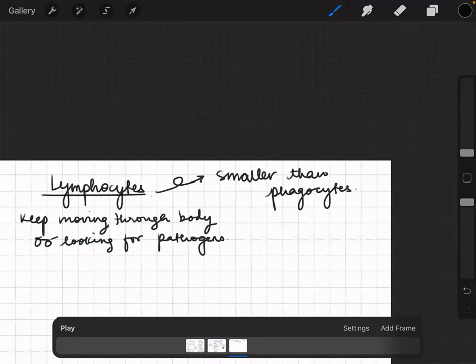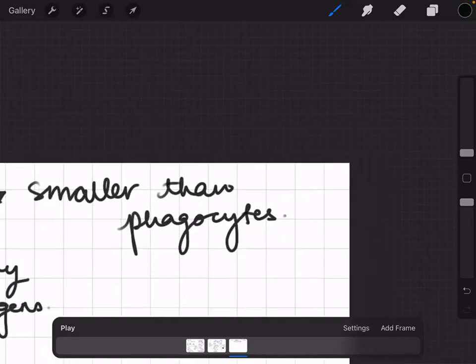If you have your textbook in front of you, you can look at the image. Just give me 1 second. Yeah, you can look at figure 11.2. In this figure, you are able to see certain cellular structures.